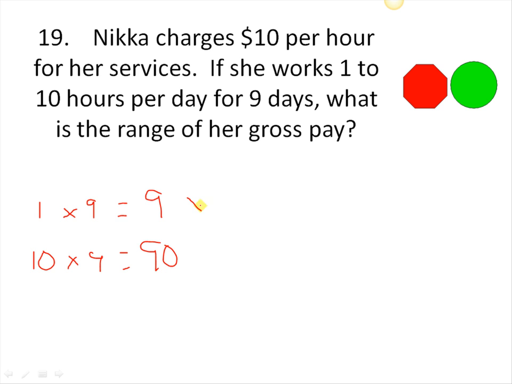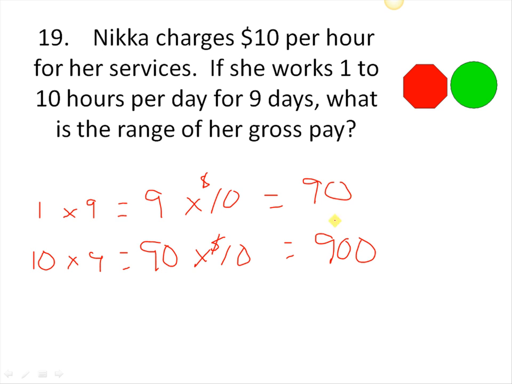But she makes $10 an hour for her services. So we'll multiply that times 10. That's bucks. And there we go. So 9 times 10 is 90. And 90 times 10 is just 900.